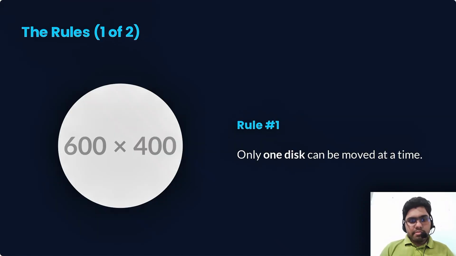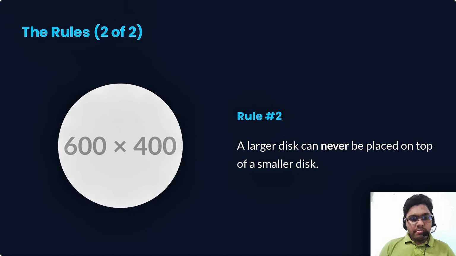The rules. Rule number 1: you can only move one disk at a time. So, no cheating. Rule number 2: you can never place a larger disk on top of a smaller disk.